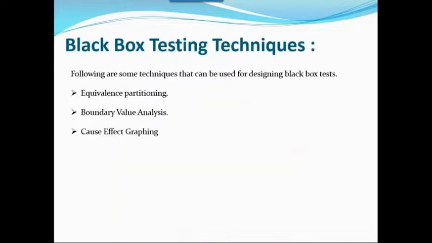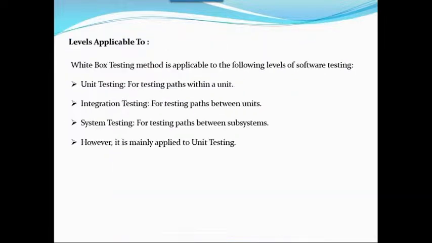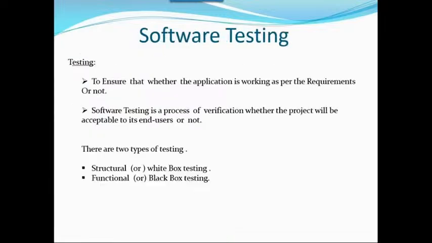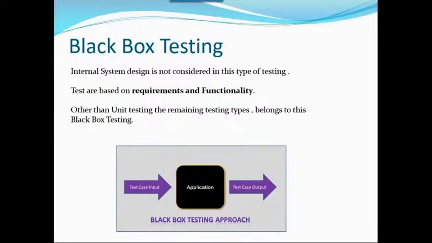Is it clear? Anybody have any questions? It's very important. Testing has two types: structural and functional. Structural testing is done by the developer and functional testing is done by the QA. Anybody have any questions here?